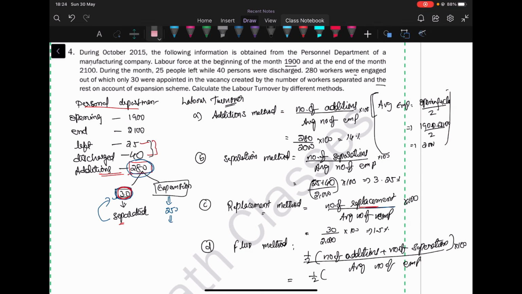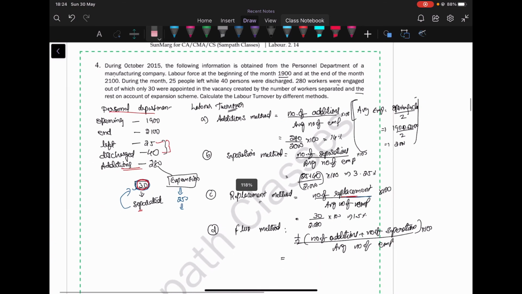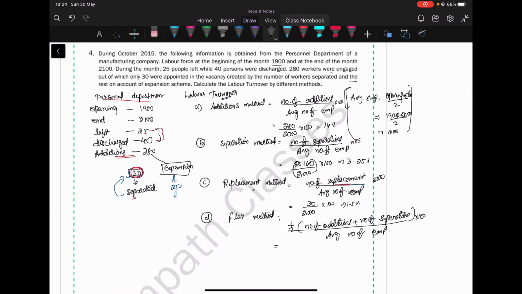Come back here. 280 employees got admitted or joined, so additions are 280. Half of 280 employees joined plus separated: how many employees are separated? 25 left, 40 discharged, 25 plus 40 overall, divided by average number of employees 2000, which we have just seen, into 100.